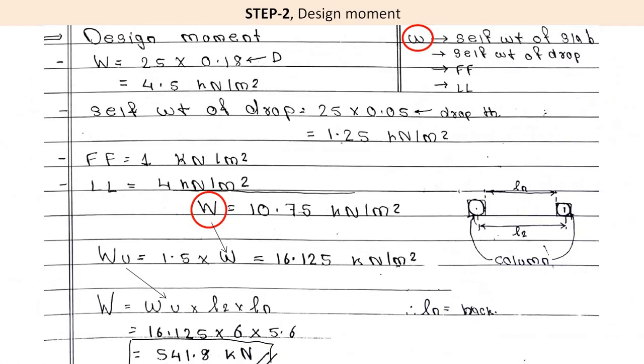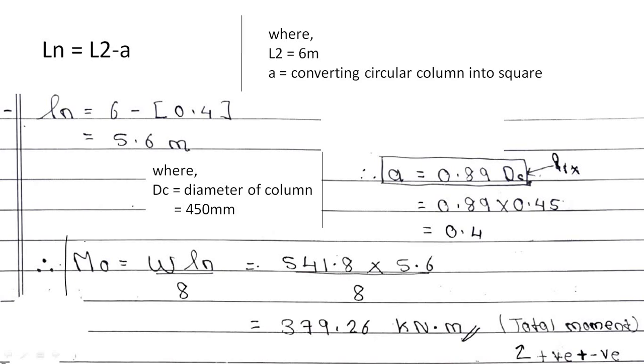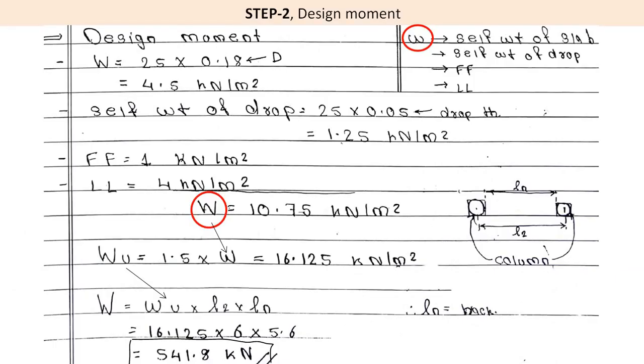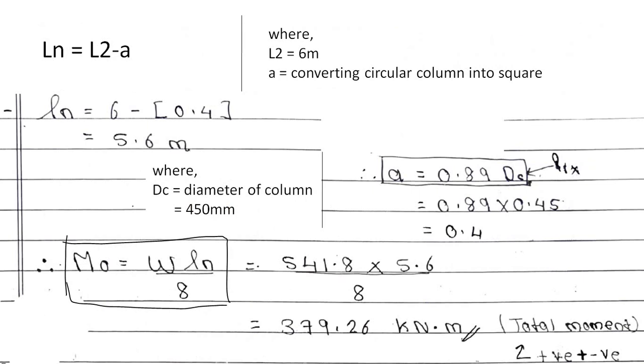This W will be the final capital W which we have calculated over here, 541.8 kilonewton. So 541.8 into 5.6, which is Ln, divided by 8. So the moment is 379.26 kilonewton meter.